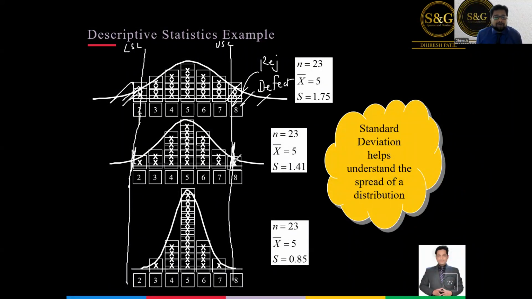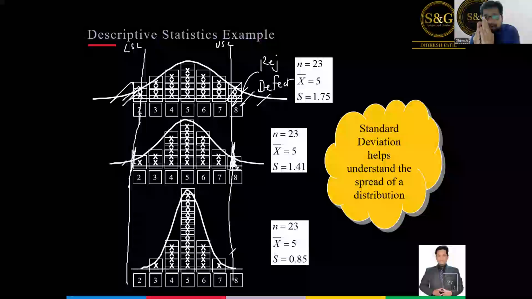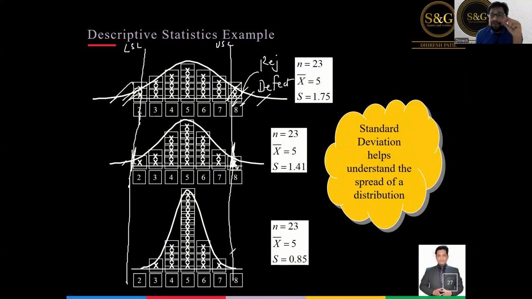A very small amount of data is going beyond as it is compressing. Now here, no data is going beyond the specification limit. So as we take our process centered and the variation reduced, the probability of making defects reduces drastically. Are you clear?